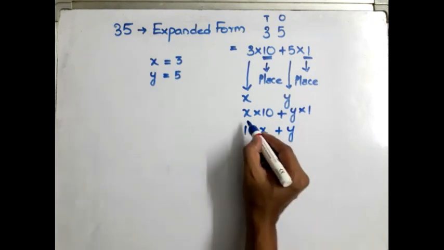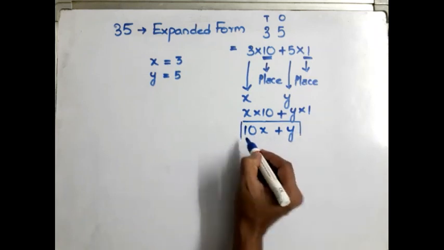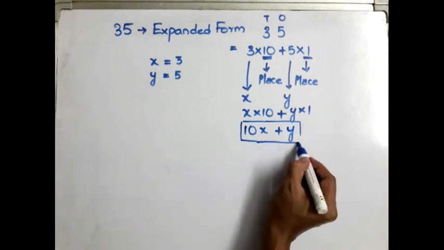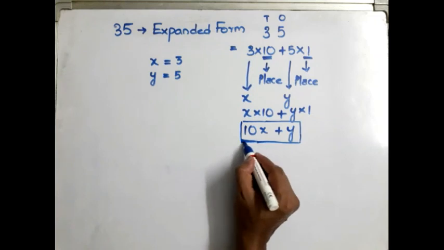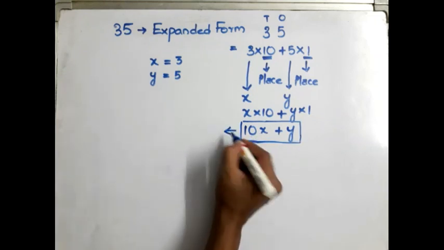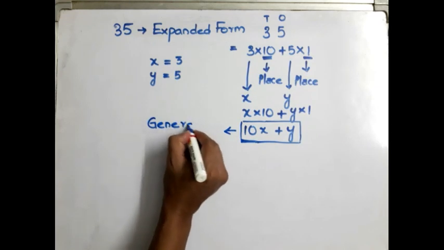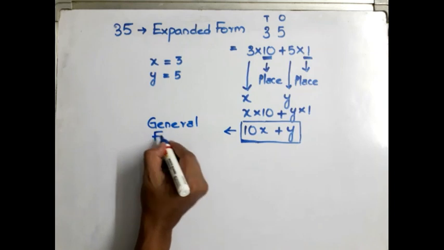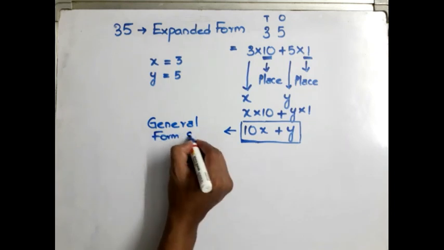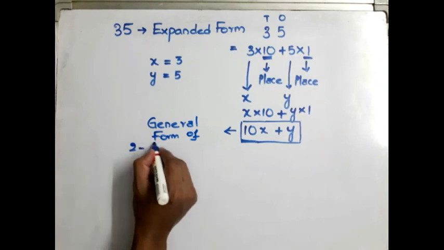Now this is the general form of a 2-digit number. Whenever someone asks you what is the general form of a 2-digit number, you have to say 10x plus y. So 10x plus y is the general form of a 2-digit number.